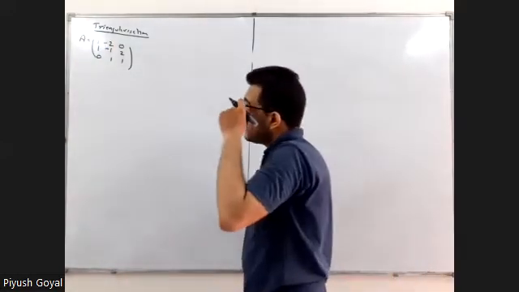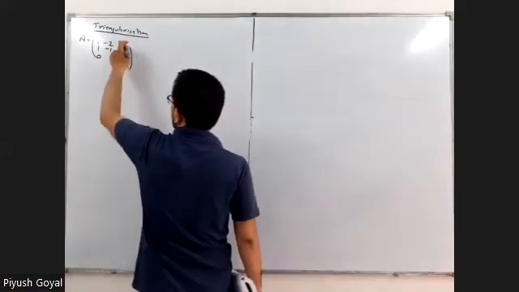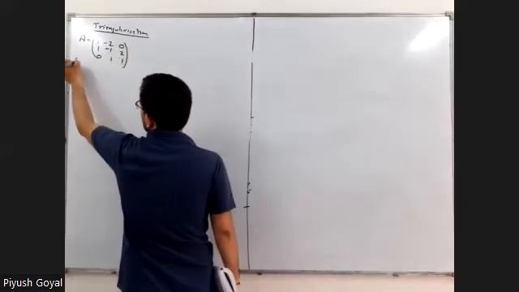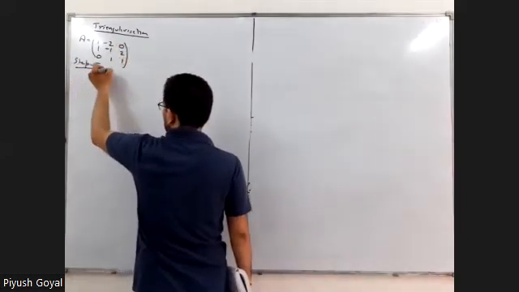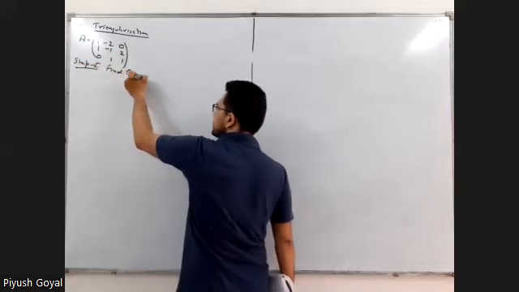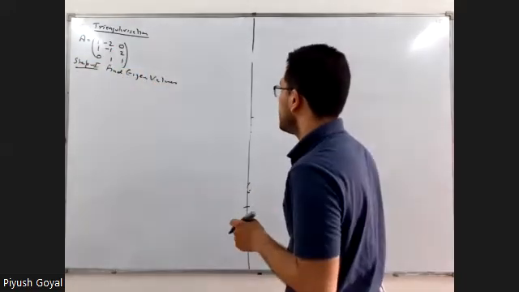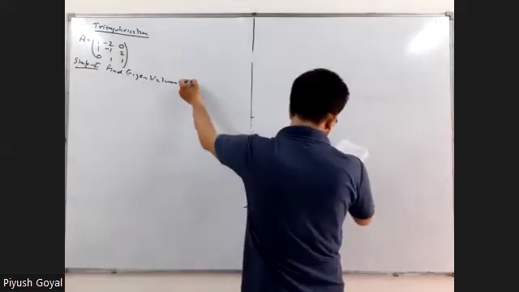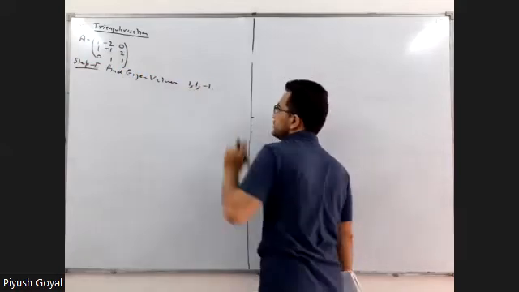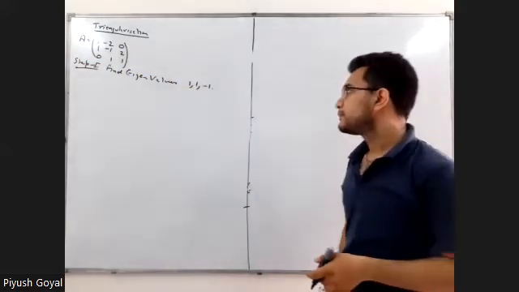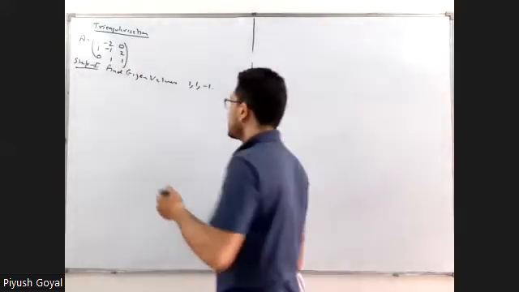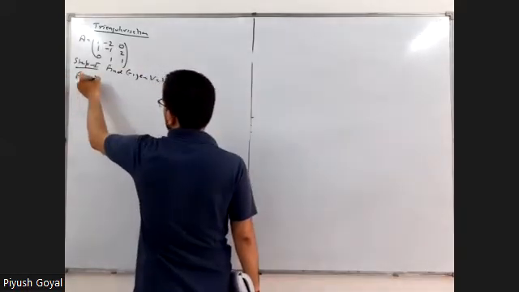Now what you do is step 1, find eigenvalues. When you find them, the eigenvalues will come out to be 1, 1 and minus 1. Now you take lambda equal to 1.